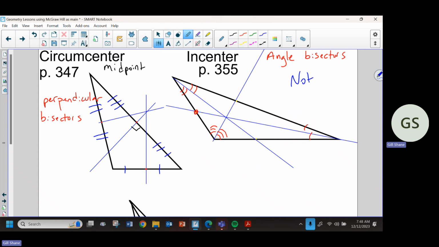It will go through a midpoint in those, but not guaranteed. Like the other ones are drawn using it. This one's not drawn using it. It just might happen to go. Not midpoints if it's angle bisectors and incenter. The key here is that we have angles that are the same length.